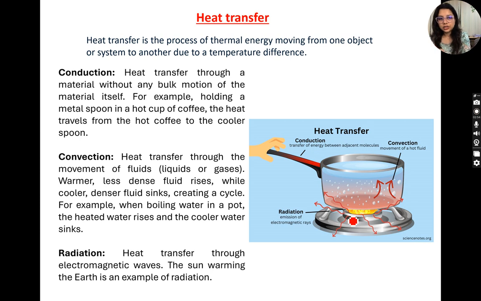As you can see in this picture, this is the pictorial representation of them. Conduction is heat transfer through material without any bulk motion of the material itself, or heat transfer between solid substrates. From the handle to the hand, because of the temperature difference, the heat is transferred, and this phenomenon is known as conduction.